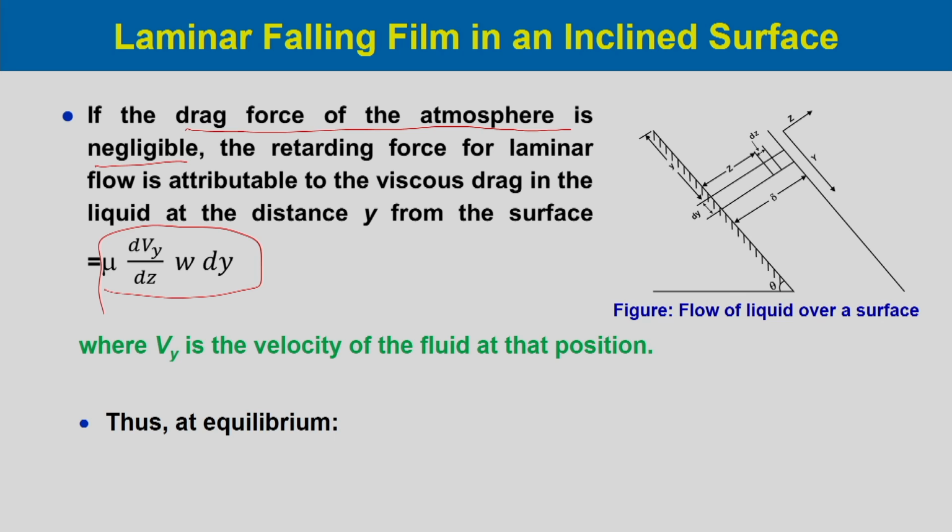Now, at equilibrium these two forces, the gravitational force and the viscous drag, will balance. So, we can write (delta minus z) W dy rho g sin theta equal to mu dVy/dz W dy.